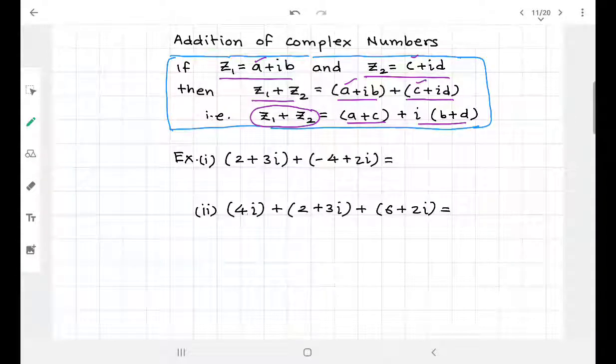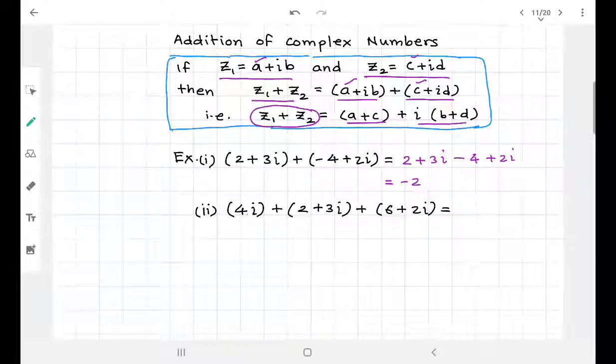जैसे example 1, so it is 2 plus 3 iota minus 4 plus 2 iota. Real part will get added to real, 2 minus 4, it is minus 2, and 3 iota plus 2 iota, it is 5 iota. That's it.